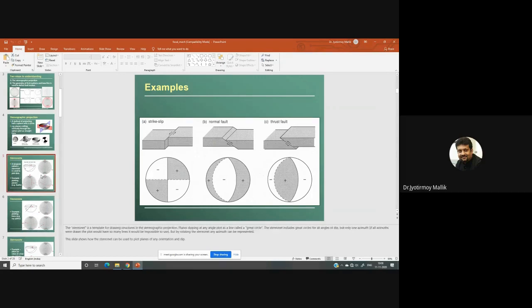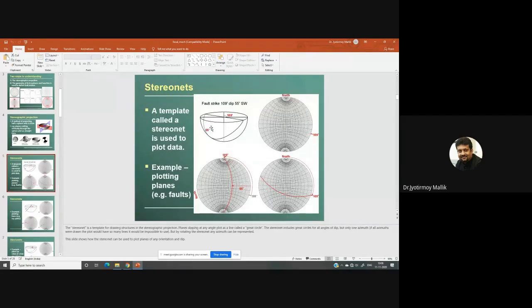We said that a plane in a stereographic projection is represented by a line, which you draw parallel to a great circle, then it can come anywhere. Of course, you remember how we have drawn a particular plane on a stereographic projection. We talked about it before.